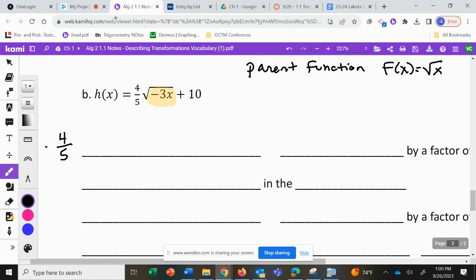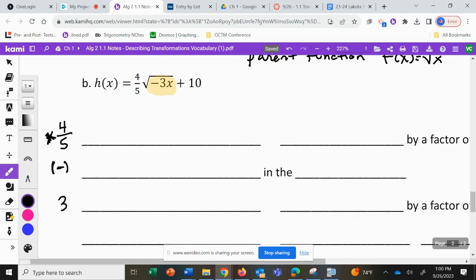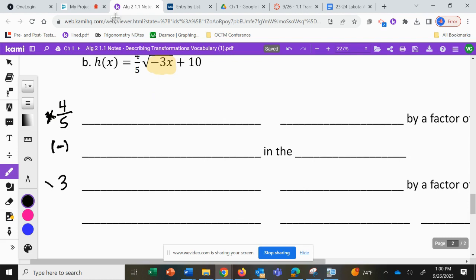There's no other signs, right? That's how we know it's multiplication. There's not a plus sign there. Okay. Next thing I come to is the negative sign. Then I come to a 3, and then a plus 10. By the way, the 3 is multiplied. Sorry, I forgot to say that. And then adding a 10.